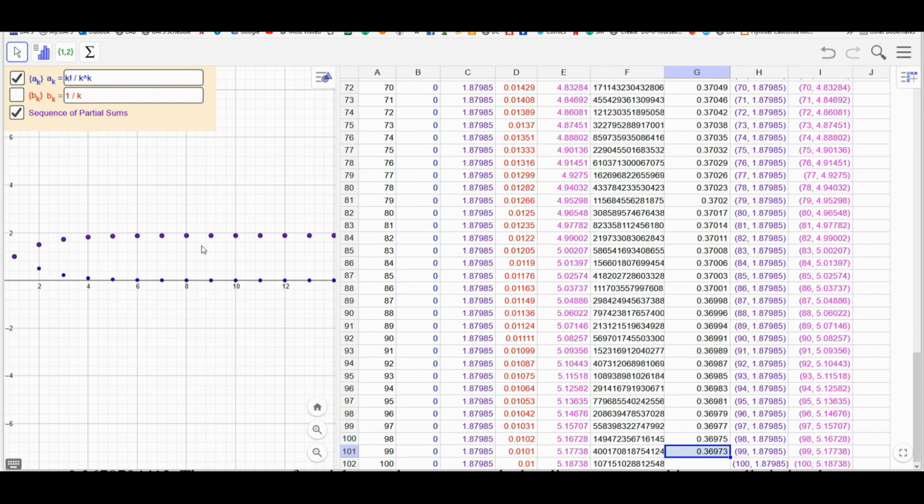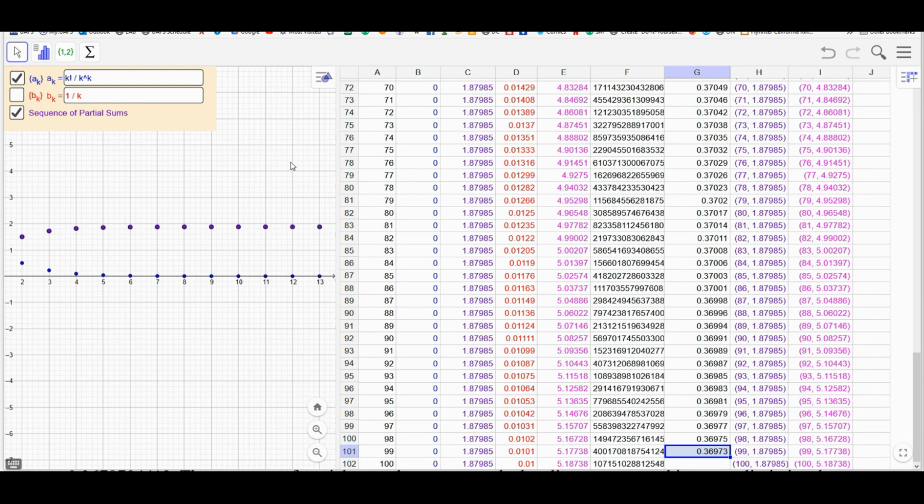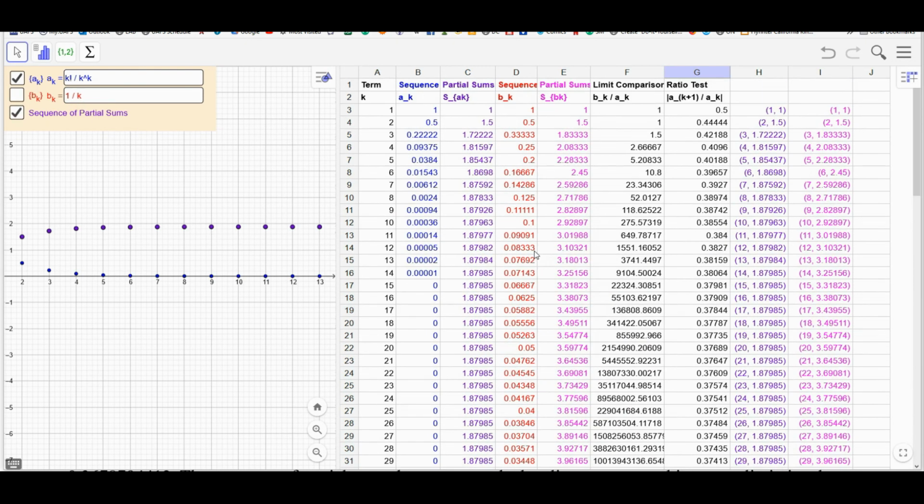So in any event, I wanted to just show you this sequence and series activity, and notice that you can put in 2 series here. It will do the underlying sequence, the sequence of partial sums here and here. It will do a limit comparison test there. Remember, in the limit comparison test, you're doing the ratio of the sequence of the known one, the B one, divided by the one we're looking at, which is the A. So here, for example, would be 0.3 repeated divided by 0.2 repeated if we were comparing to 1 over k, which we're not here.